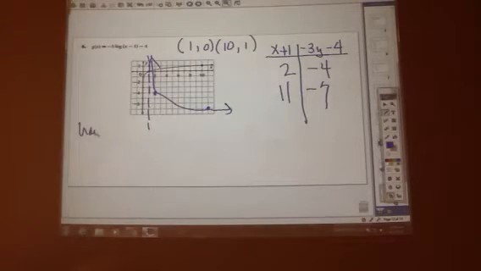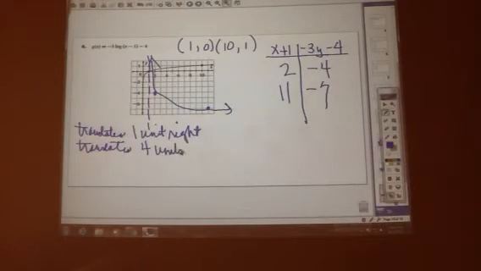So it translates, look at this, inside with the x, 1 unit right, it translates 4 units down.